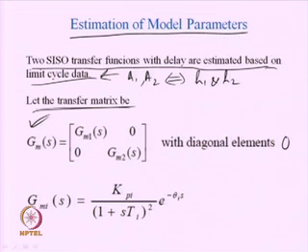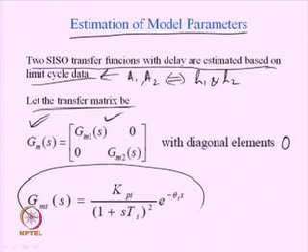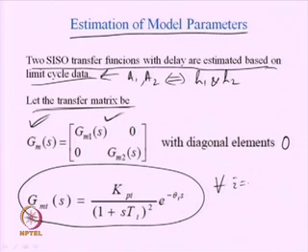Okay. Now, the two transfer functions in general form can be represented by GMi(S) is equal to Kpi upon (1 plus S Ti) squared, e to the power minus theta i S. So, for all i equal to 1 to 2, I will get two transfer functions. Okay.